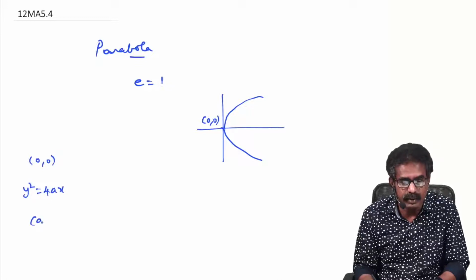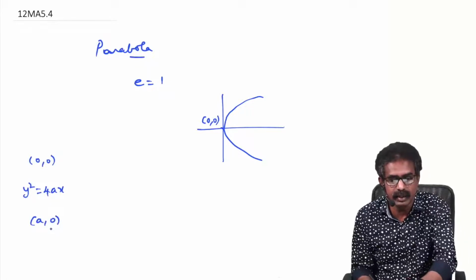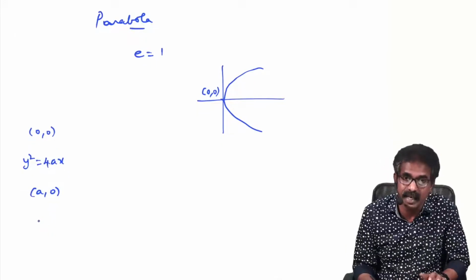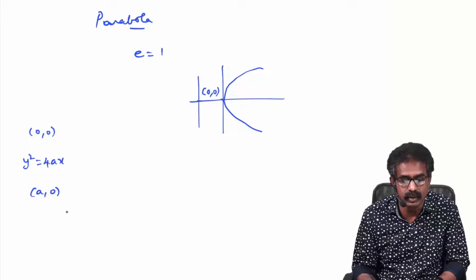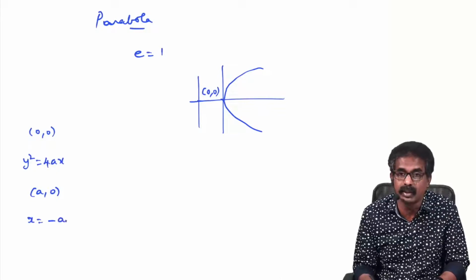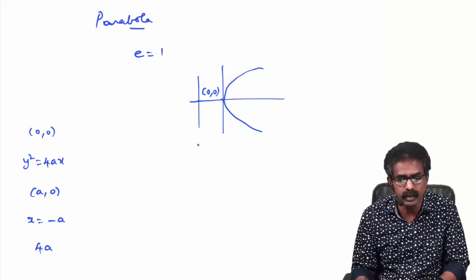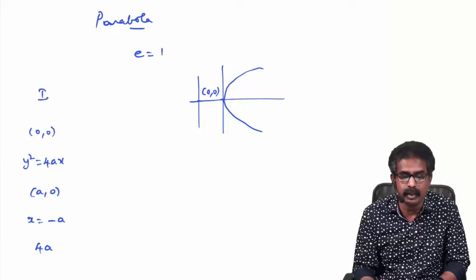Focus is a, 0, and the axis is the x-axis. Equation of directrix: the directrix will be on the left side, so x equal to minus a. Length of the latus rectum is 4a. So this is the first type of parabola, right?